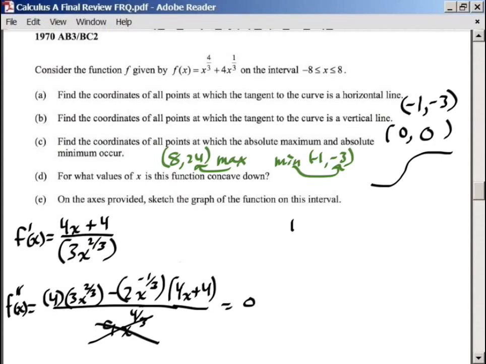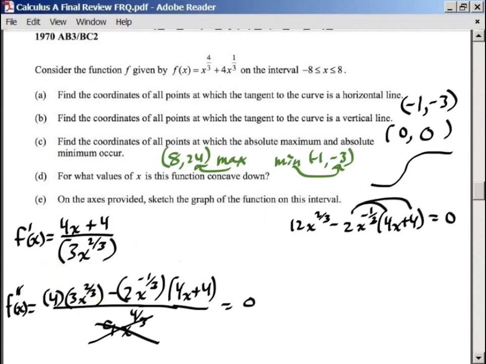So this would be 12x to the 2 over 3 minus 2x to the negative 1/3, multiplying 4x plus 4 equals 0. All right, so I just multiplied the 4 and the 3, that's how I got 12.